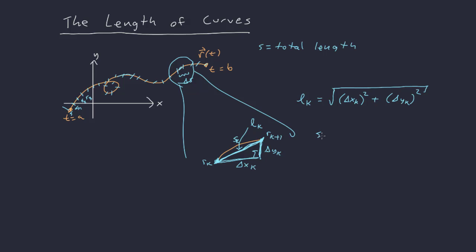So each S sub k will be approximately equal to L sub k. So the total length, okay, is going to be approximated by the sum of all these L sub k's, k going from 1 to n, however many we have.